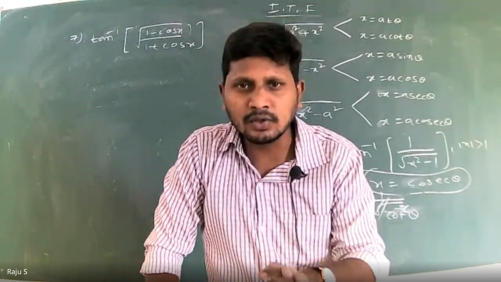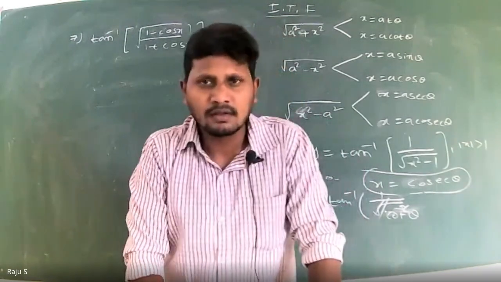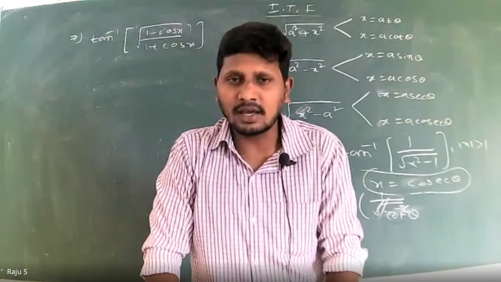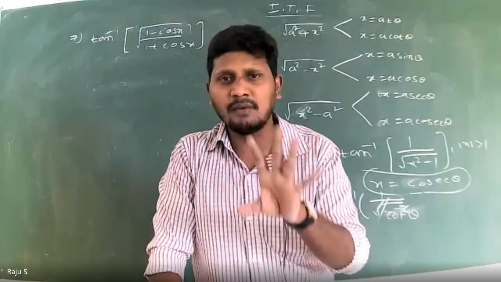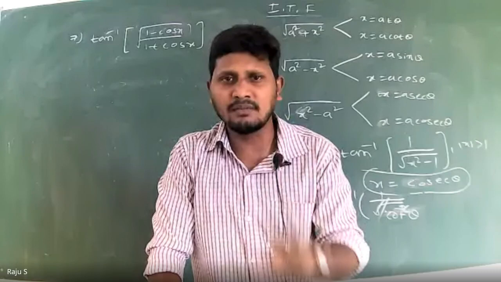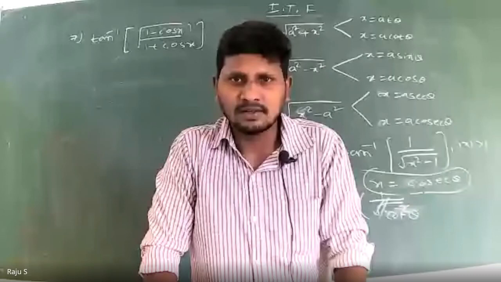Whether you know or you don't know about 1 plus cos 2 theta, 1 minus cos 2 theta. Many times I revised that only three formulas are very important: 1 plus cos 2 theta, 1 minus cos 2 theta, and sin 2 theta.